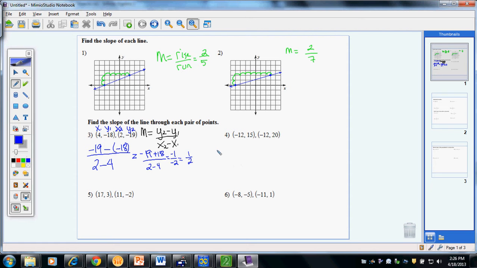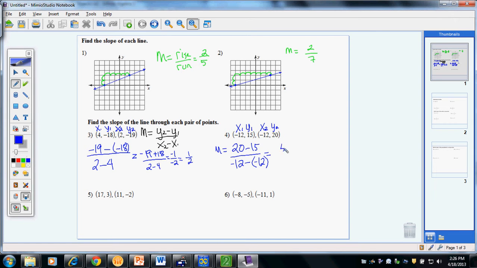Here, again, when we have our slope, we're going to have x1, y1, x2, y2. So we have y2, which is 20, minus y1, which is 15, over x2, which is negative 12, minus a negative 12.